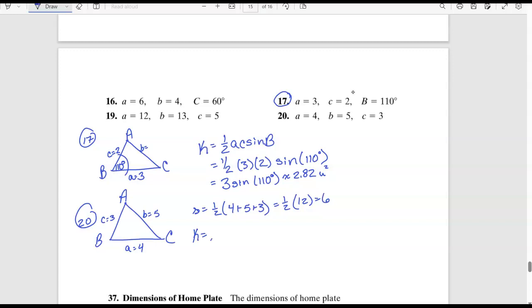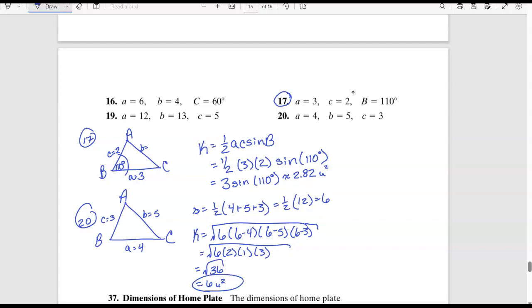Then Heron says it's going to be the square root of S times S minus A times S minus B times S minus C. So square root of 6 times 2 times 1 times 3. So 6 times 2 times 3 is 36, and square root of 36 is 6. So this would be 6 units squared.